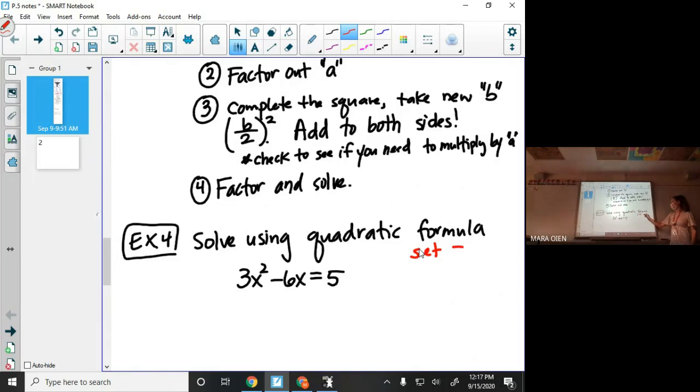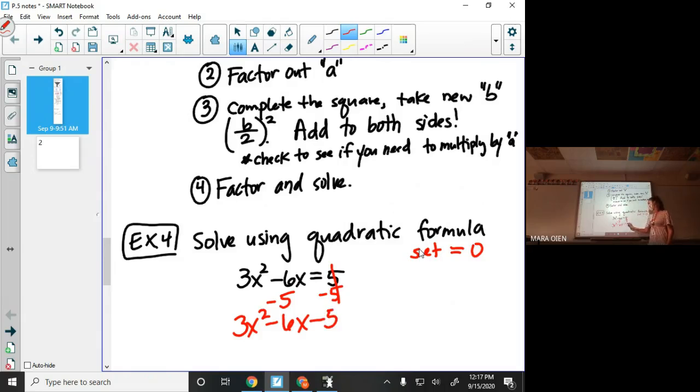Needs to be set equal to 0. Set equal to 0. So when I said this one, that 5 is off by itself. I have to move that 5 back. So I'm going to subtract the 5 from both sides. That gives me 3x squared minus 6x minus 5 equals 0.